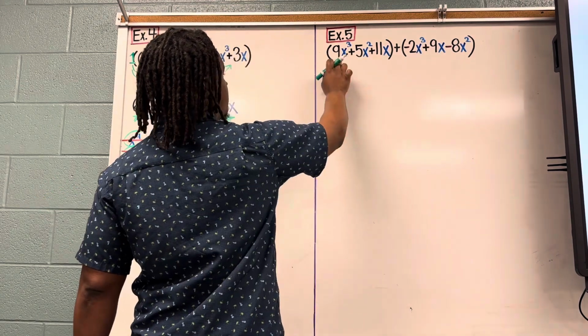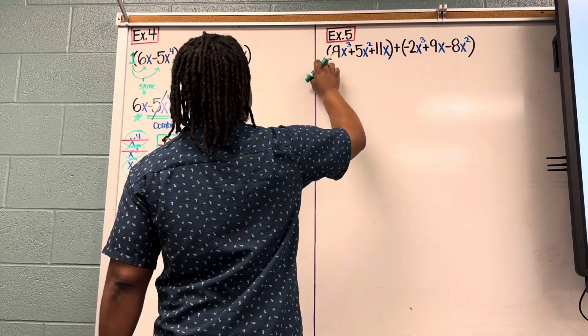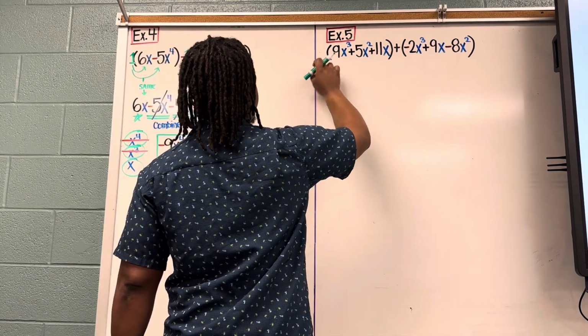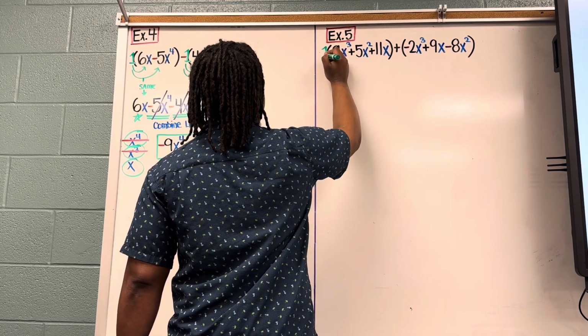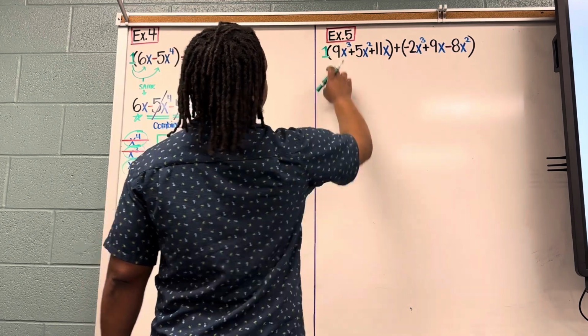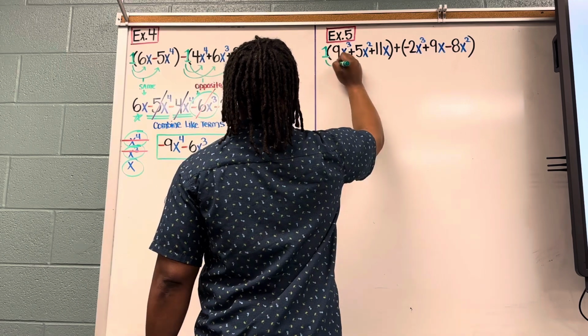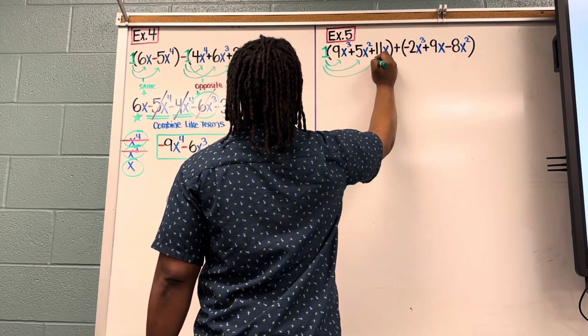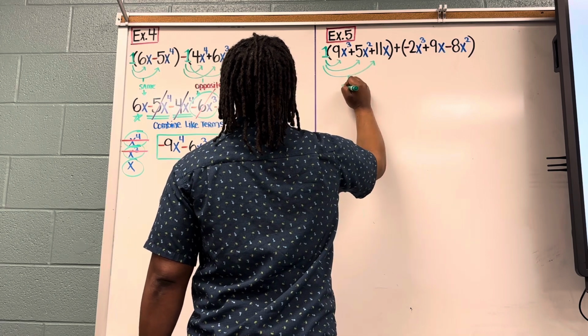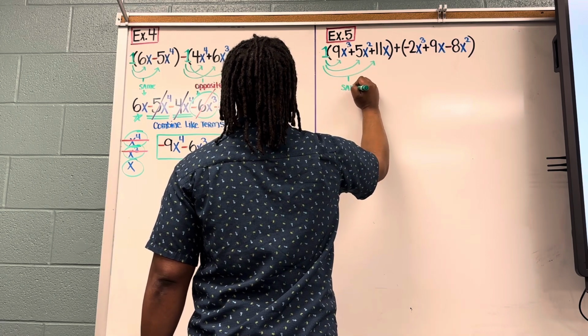So let's start off with the first set of parentheses. Once again, there's no number attached in front of the parentheses on the outside, so that number is automatically a positive 1, meaning that everything will come down the same, okay? Because if I multiply 1 by everything, everything will stay the same.